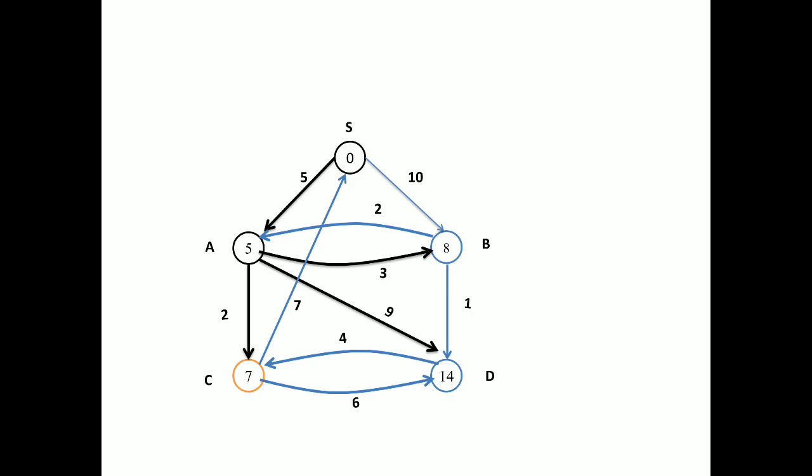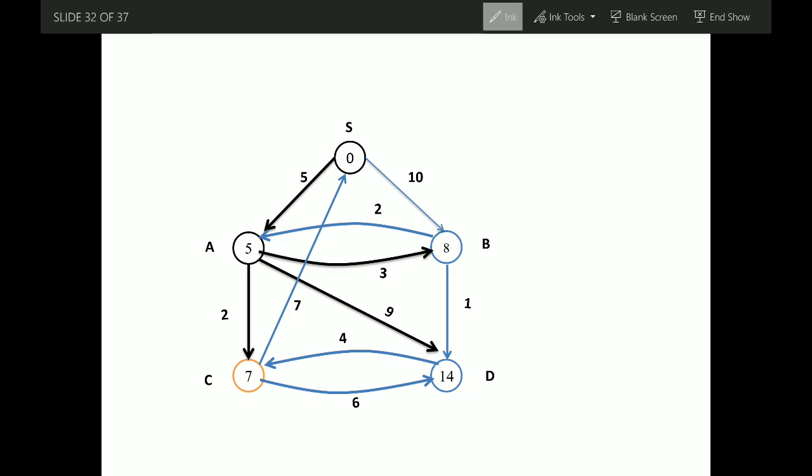So you can see we have updated the shortest path estimate for B, D, and C, which are adjacent to A, and we have highlighted those edges by dark color.